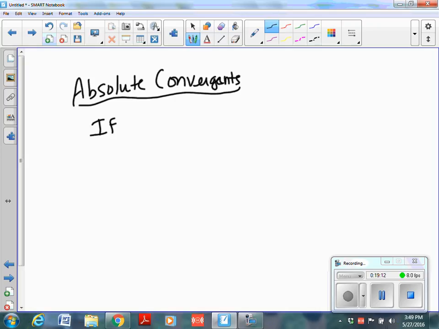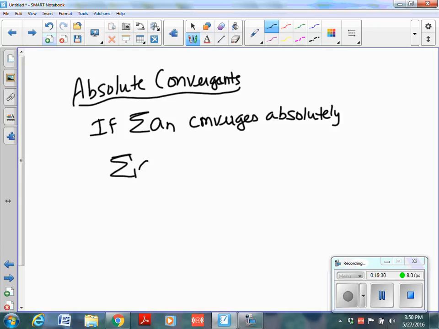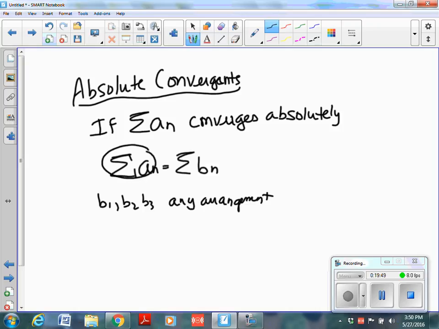If you have some series and it converges absolutely, it just says that the series a_n is equal to the series b_n if b_1, b_2, and b_3 has any arrangement. Then it also converges. They both are going to converge.